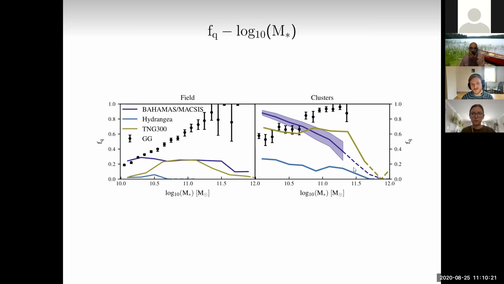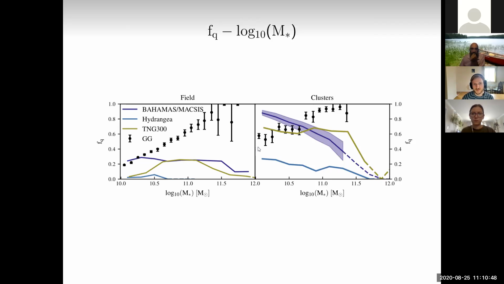Now in clusters, it gets even worse, where in Go Green the quench fractions are still scaling with stellar mass, whereas the simulations show a decreasing quench fraction. Now this end, I already said, is dominated by the centrals, the BCGs, and they are nearly always star forming, so you'd expect them to drop here.